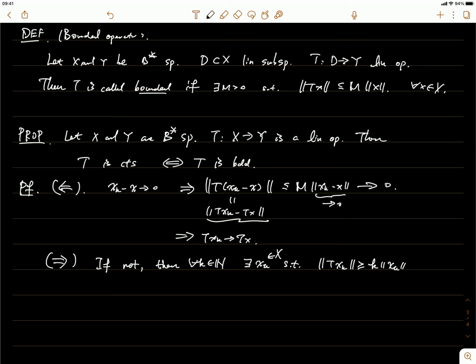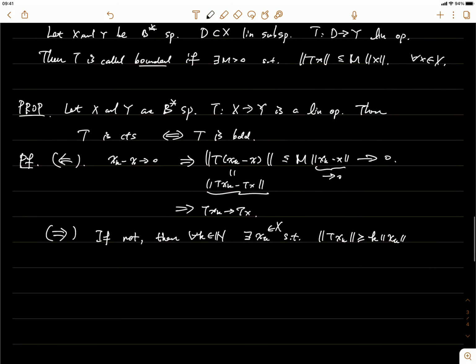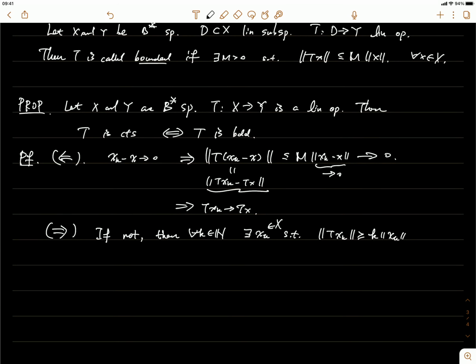Now when we have this, we can consider the following. Apparently xk cannot be 0, because if xk is 0, T is linear, so Txk must be 0.